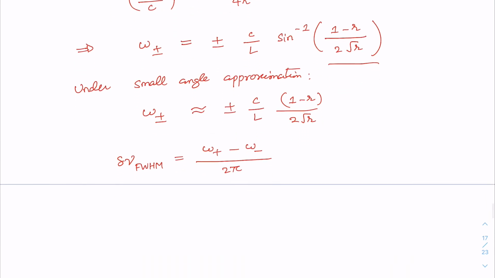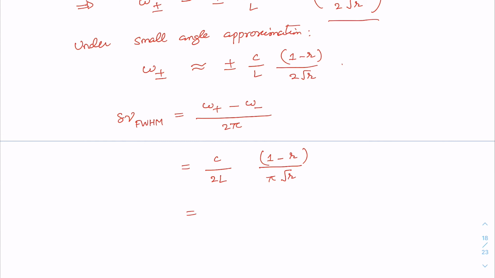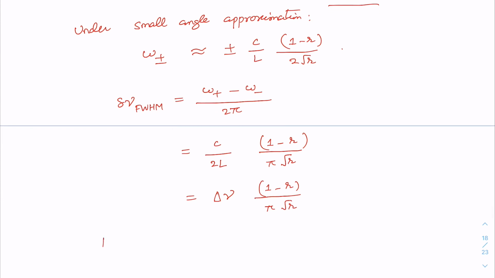And if you work it out from here, you will get it as c by 2L into 1 minus R over pi root R, and c by 2L is nothing but the free spectral range, that we are denoting by delta nu, and this is multiplied by 1 minus R over pi root R. And we know that the finesse is the free spectral range divided by the full width at half maximum.